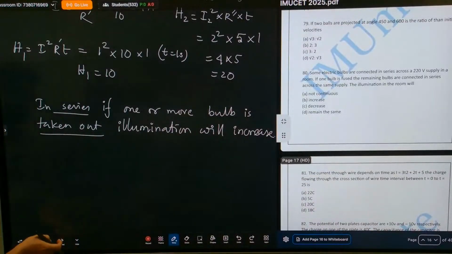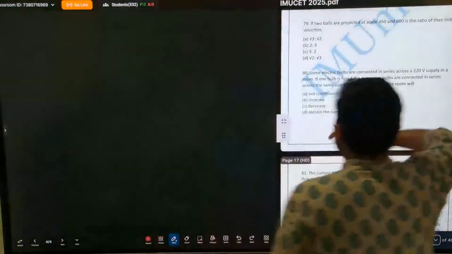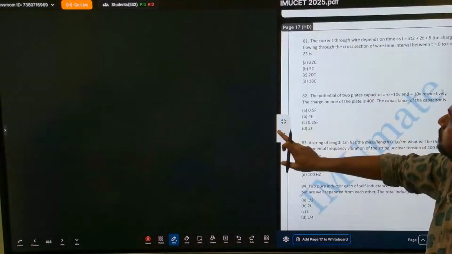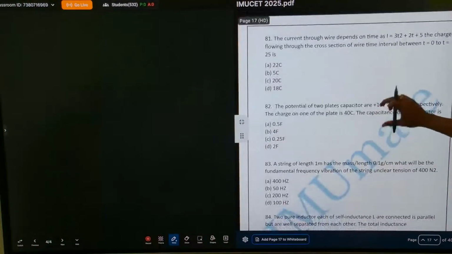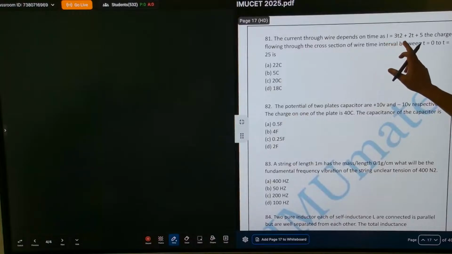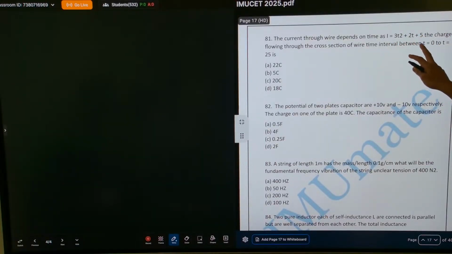Come to the next. Okay, let's start doing fast. Question 81. The current through a wire depends on time as I equals 3t squared plus 2t plus 5.